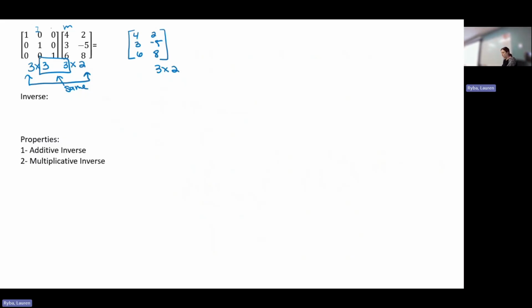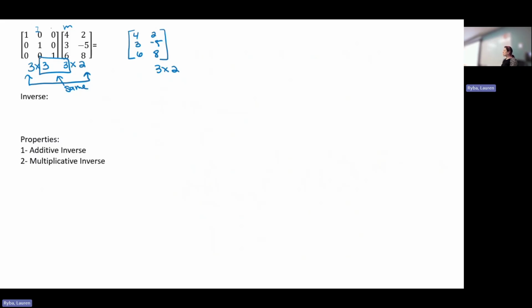Okay. When we work with numbers or matrices, we also have what are called inverses. An inverse is something that undoes itself, right? When we talk about an additive inverse, just talking basic numbers, we're talking about addition properties.